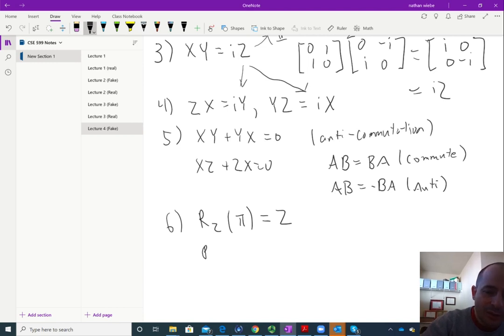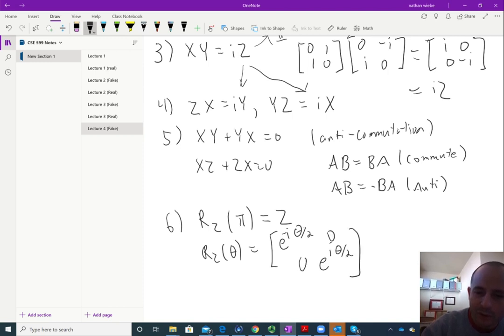We can see this because RZ of theta is equal to e to the minus i theta over 2, e to the i theta over 2, 0, 0.